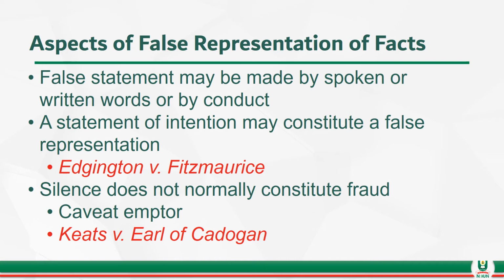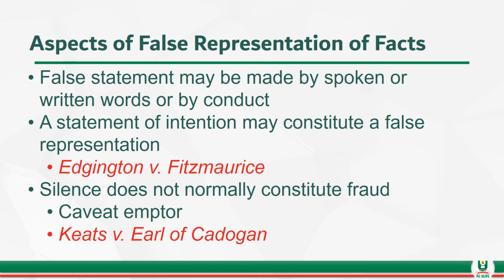And then the third element, silence will not normally constitute fraud. And this element is based on the principle of caveat emptor. It is left for a party who wants to engage in business with another to do his background checks, right? It is left for him to find out. It's not enough to rely simply on what the other party did not say, or expect the other party to speak to him.